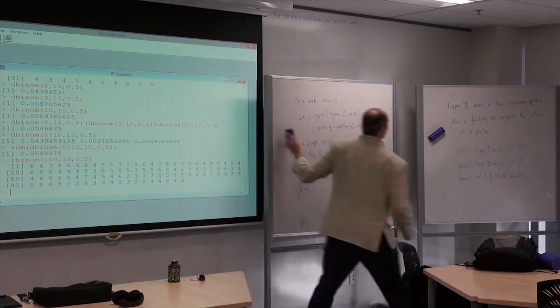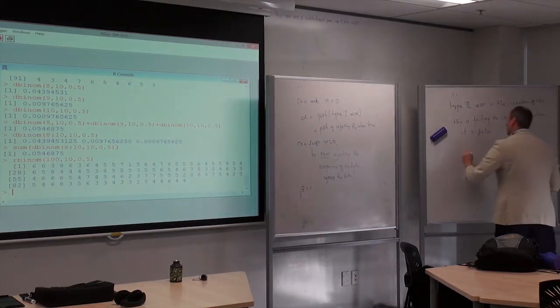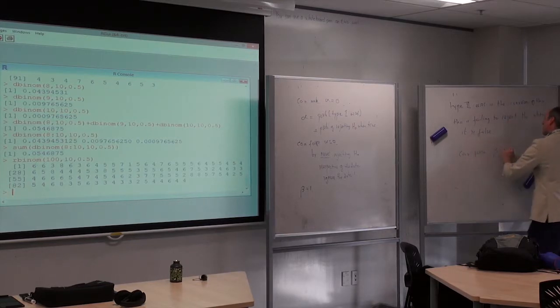And of course, I can force beta equals 0. How do I do that? Well, a type 2 error, beta equals the probability of a type 2 error.